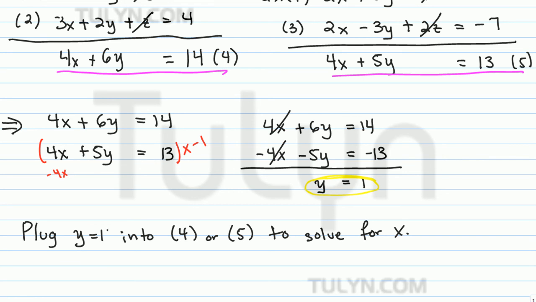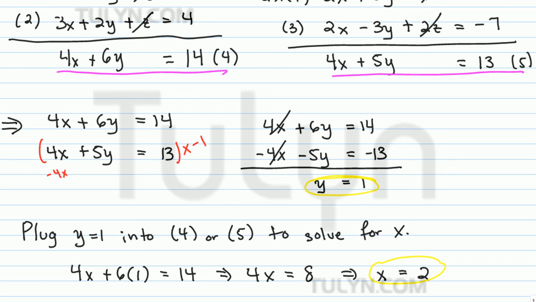So I'm going to plug y equals 1 into the first equation, which is 4x plus 6 times y, which is 1, is equal to 14. That means 4x is equal to 14 minus 6, which is 8. And so x is equal to 2. Great, that wasn't so bad.